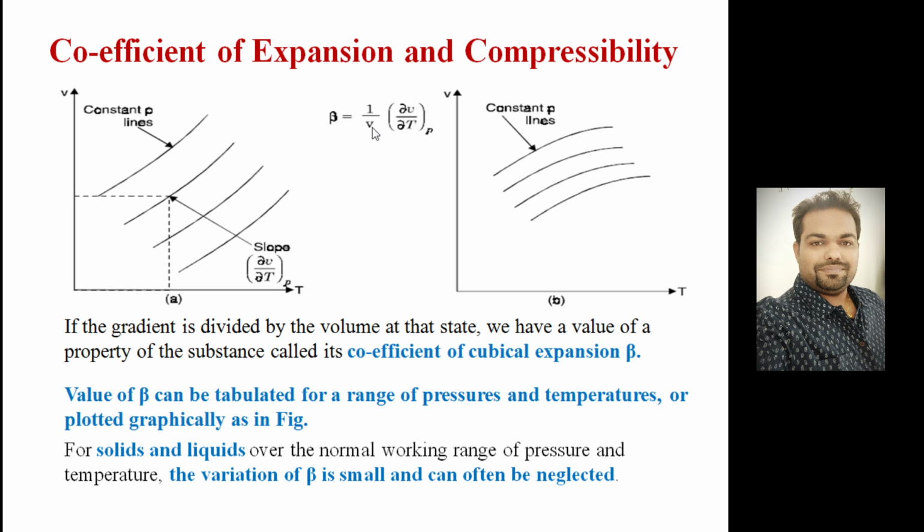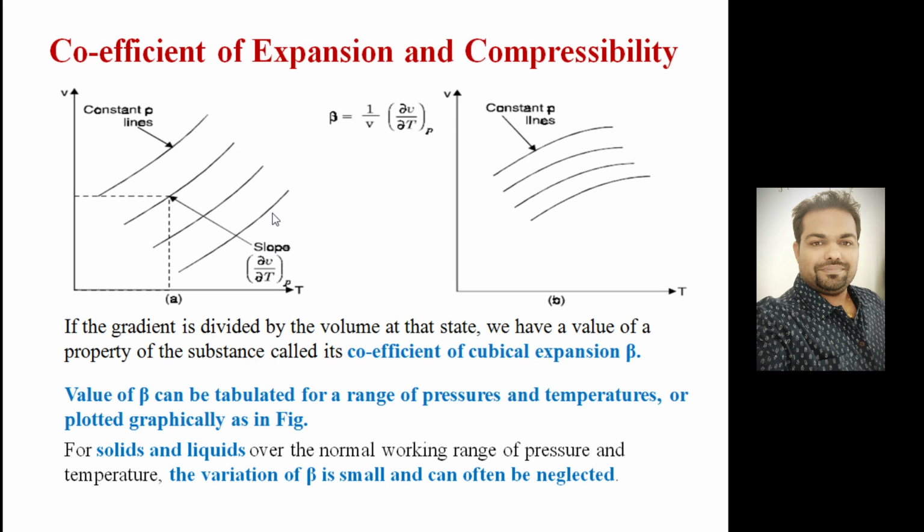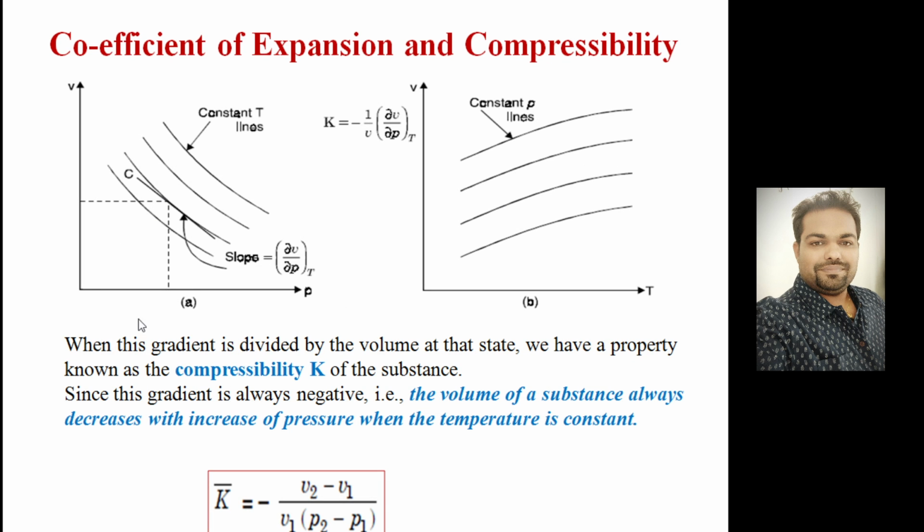which is (1/V)(∂V/∂T) at constant pressure, and this is the coefficient of compressibility, where this is -(1/V)(∂V/∂P) at constant T. ∂V/∂P is nothing but the slope of the isotherm, and the slope of the isotherm is negative here, but the slope there was positive. That's the basic difference.